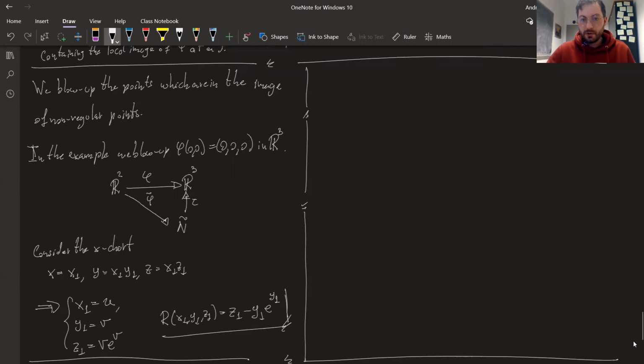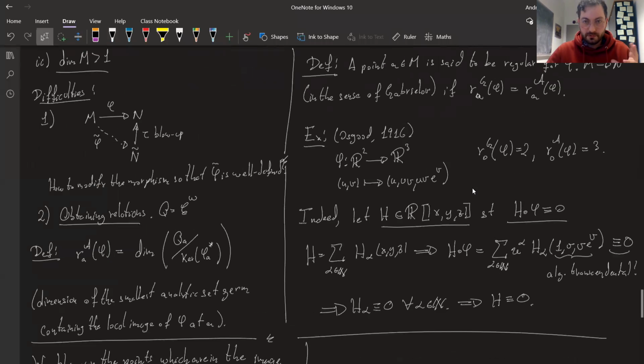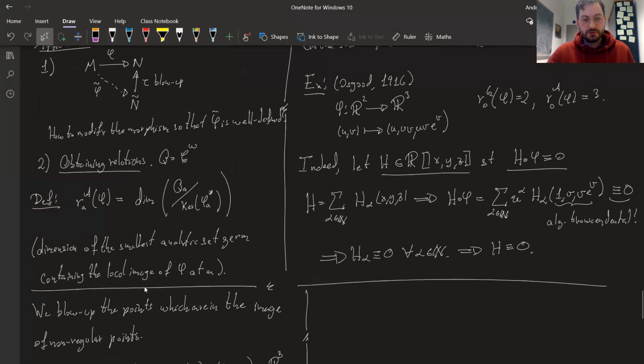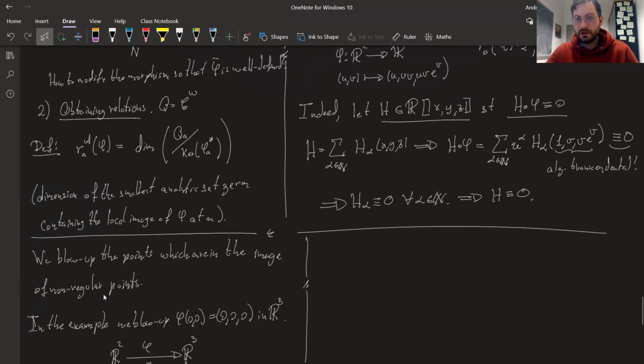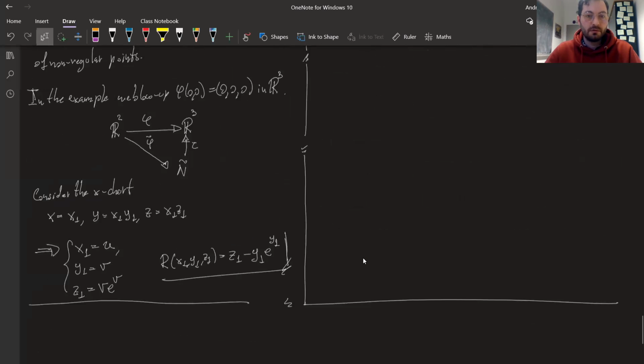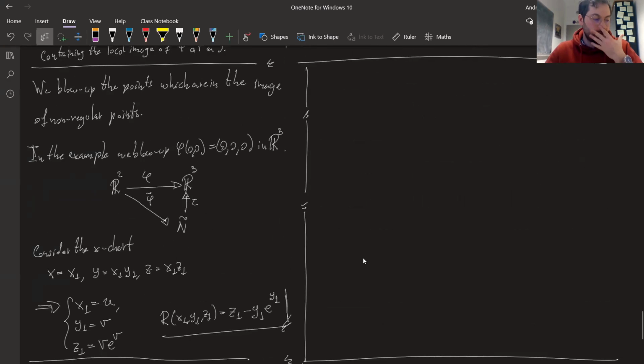We had these non-regular points, and we said we should blow up the image of the non-regular points, so the points in the target where there's no relation, or there's too few relations. And let's explore that to construct an example that we cannot globally monomialize. So the example is going to be based on the Osgood mapping.